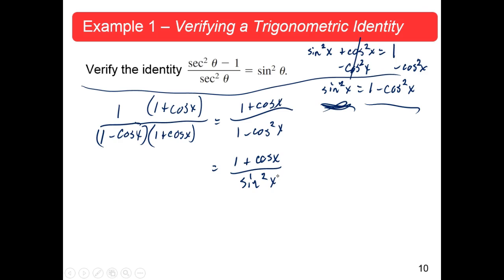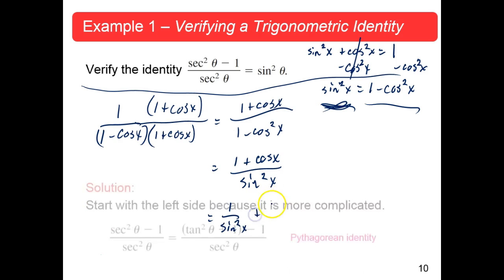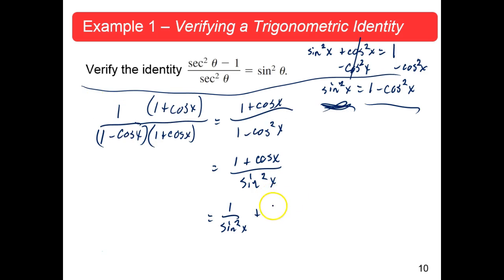Now, here's how this is better than what we had to begin with. It looks a little more complicated, but here you had a binomial in the denominator, which is hard to mess with. When you have a binomial in the numerator, we can just split that into 2 different fractions, right? So this would be 1 over sine squared x plus cosine over sine squared x.